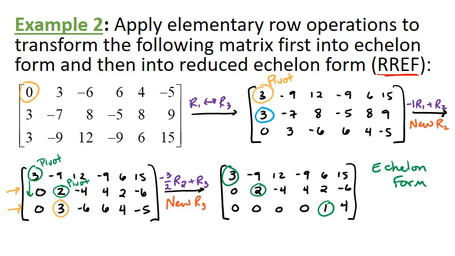Okay, now remember, reduced row echelon form requires the pivots to be 1, and everything above and below the pivots needs to be 0.